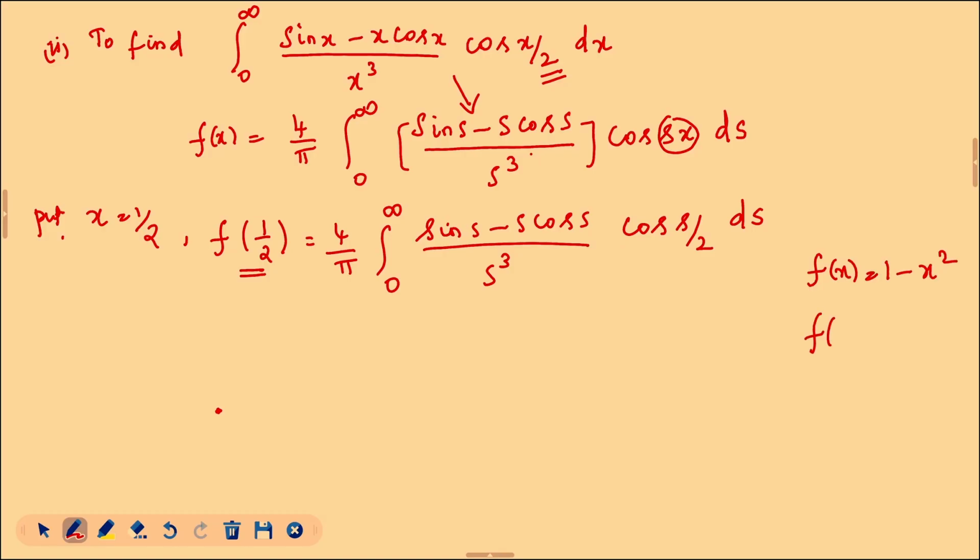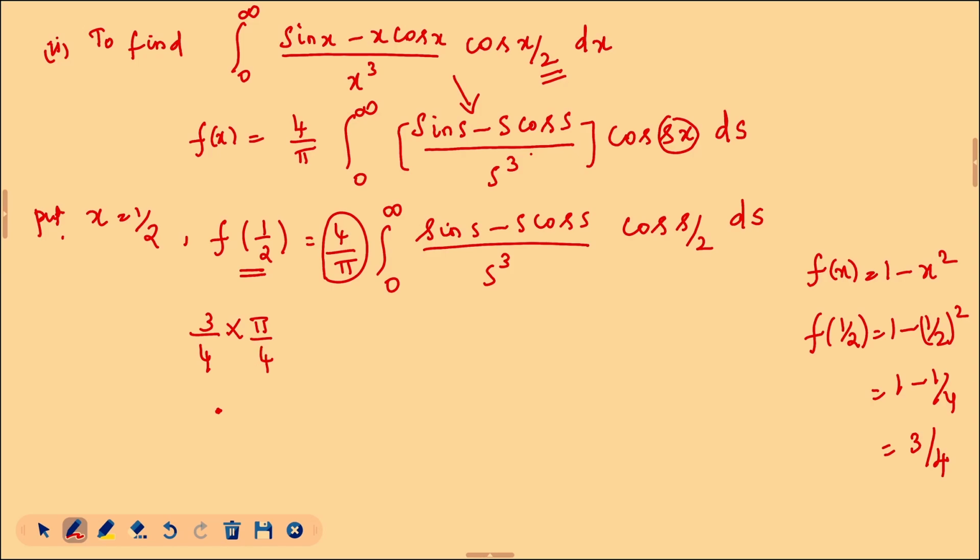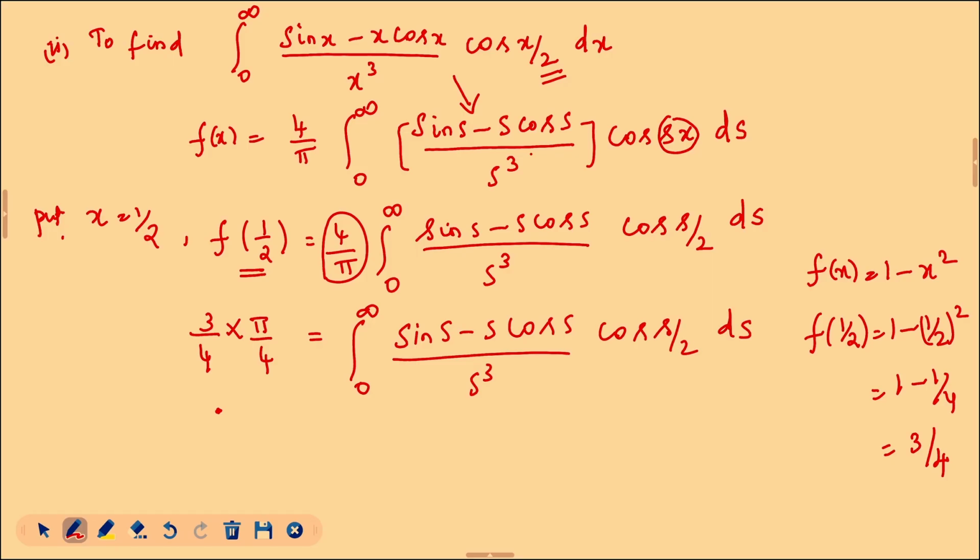So f of 1 by 2 is 1 minus 1 by 2 the whole squared, which is 4 minus 1, 3 by 4. So your left side value is 3 by 4. I am cross multiplying this with the left side, which is pi by 4, and there is no change on the right side: integral 0 to infinity (sin s minus s cos s) by s cube, cos s by 2 into ds. If you multiply this, you get 3 pi by 16.